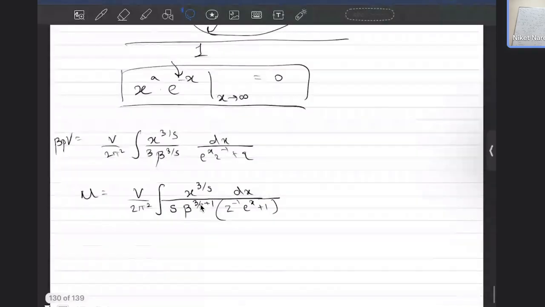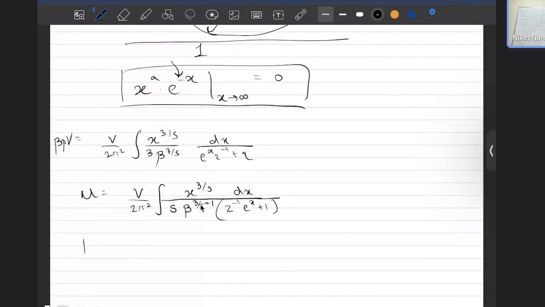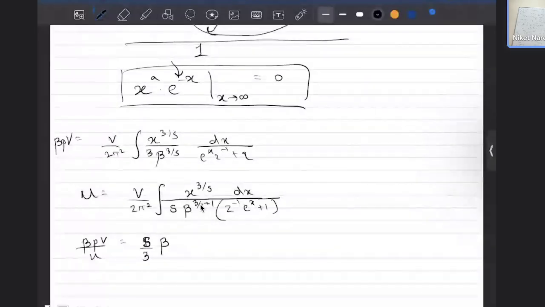Yeah. So comparing these two, what we come to know is that beta PV divided by u, these integrals completely get cancelled. These constants also get cancelled, most of the constants. But beta PV has 1 by 3 and u has an s, so there will be an s by 3, and there will be one beta which will come extra, which is what we expect.